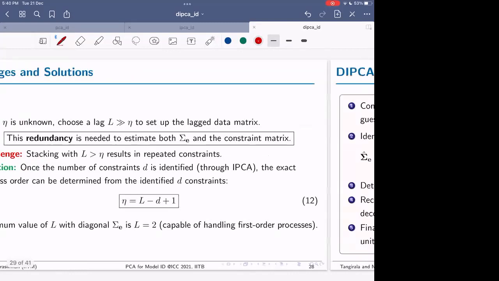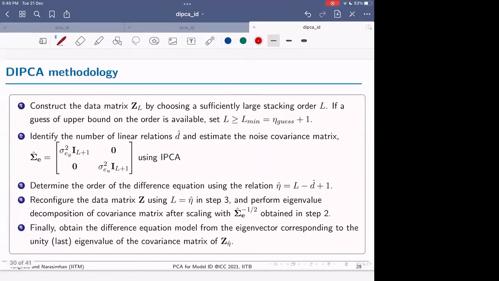I'll show you that stacking in excess does not have too much of an impact on your estimates. You can do L equals 15, 20, and so on. For those of you who are familiar with subspace identification methods, this sounds pretty familiar. But in subspace identification, where you have to figure out the rank of the extended observability matrix, there is a heuristic.